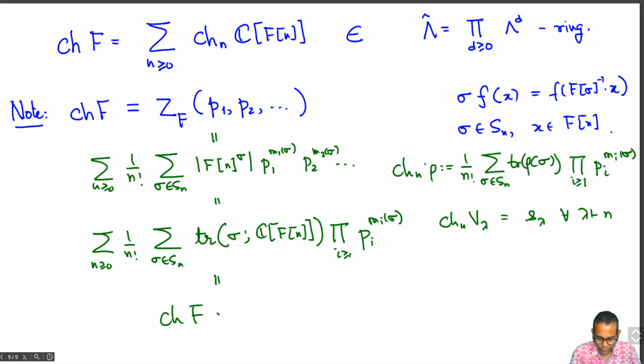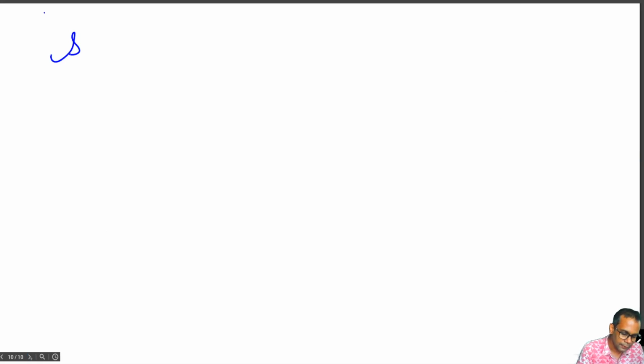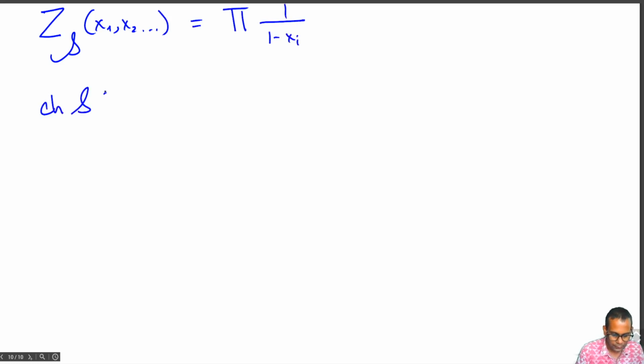So now let's look at this example of the species S, where we computed the cycle index generating function. So we had Z_S of x_1, x_2, ... is the product of 1 over 1 minus x_i, which means that the characteristic of S is the product over i greater than or equal to 1 of 1 over 1 minus p_i.